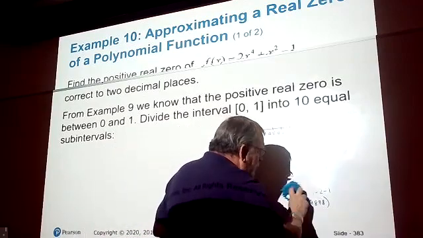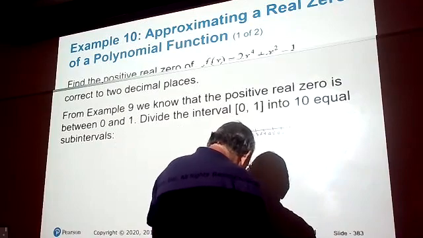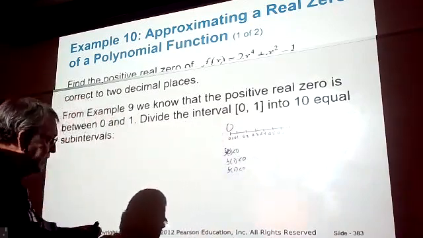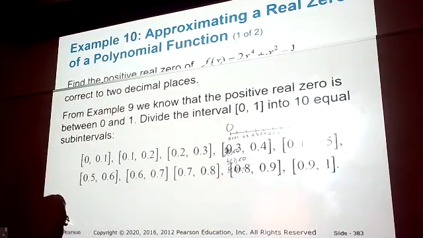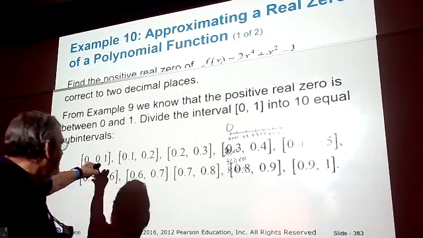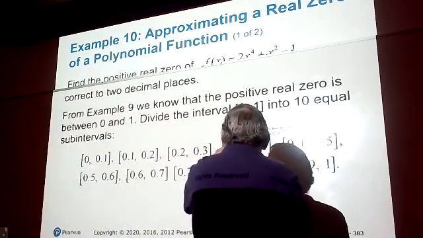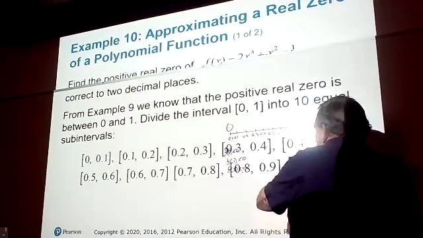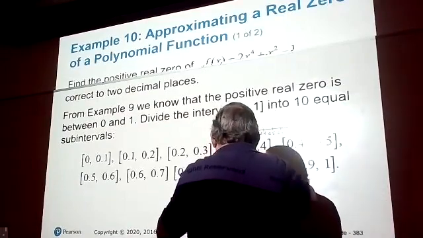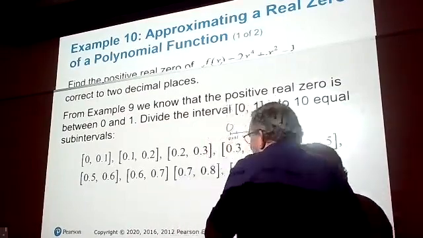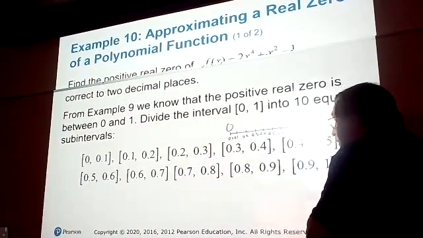So now we put 0.3 in. And I'm going to let them do it. And here they wrote all the intervals. I did it on a number line because I think number lines are easier to work from. That's me.